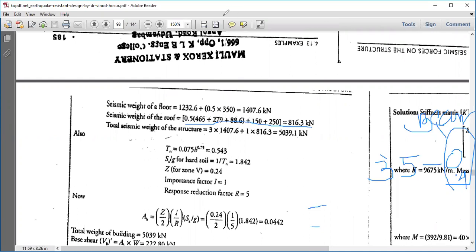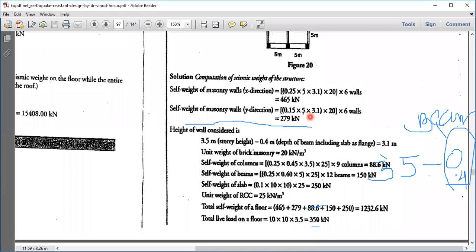So 50% of 465, 279 and 88, coming from your previous slide, that is here. Yeah. So 50% of the walls in X and Y direction and 50% of columns.